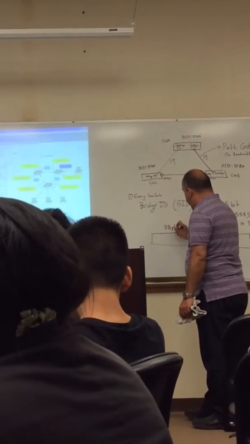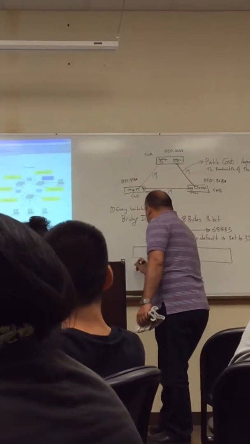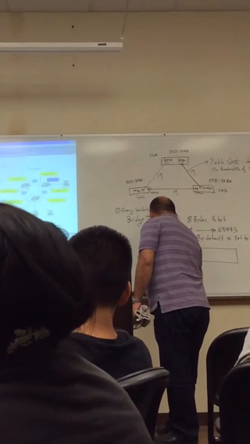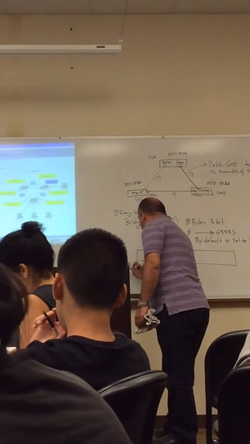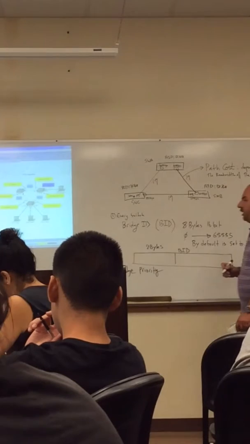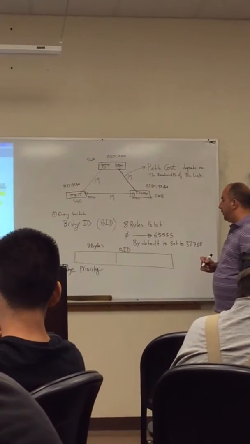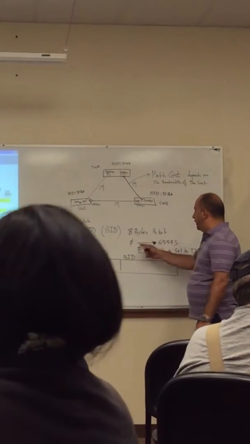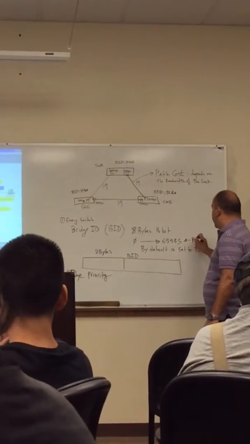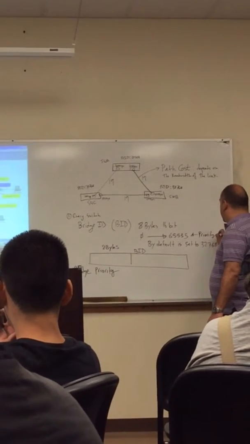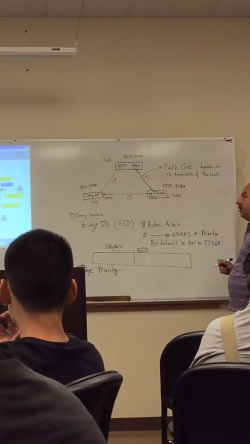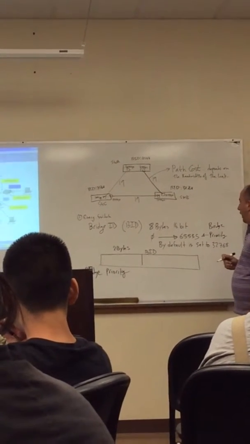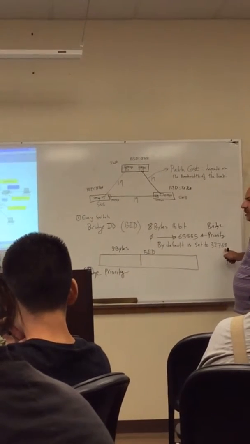Two bytes, that's the bridge priority. So the bridge priority is 2 bytes. Bridge priority or switch priority, whichever you want to call it, and by default it is set to 32,768.